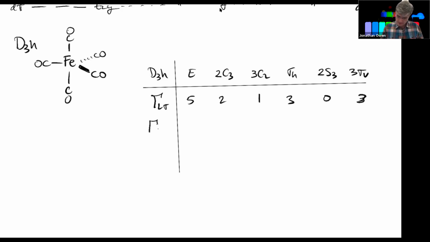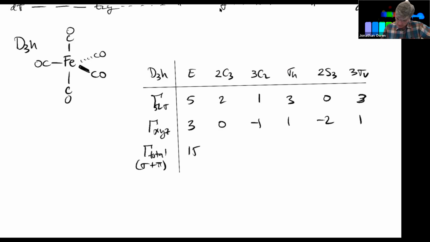And we're going to do this trick where we take the xyz to generate the pi's, the trick that we used before. We've got the gamma xyz. We're going to multiply it by the 5 ligand sigma here to get to our gamma total, which is a sum of sigma plus pi.